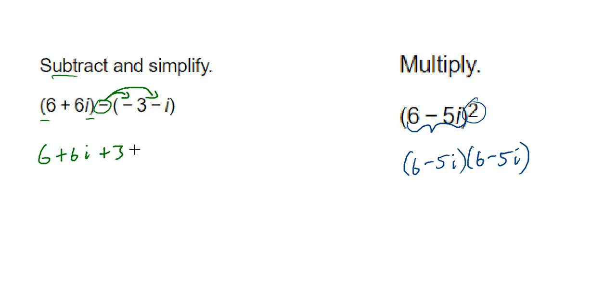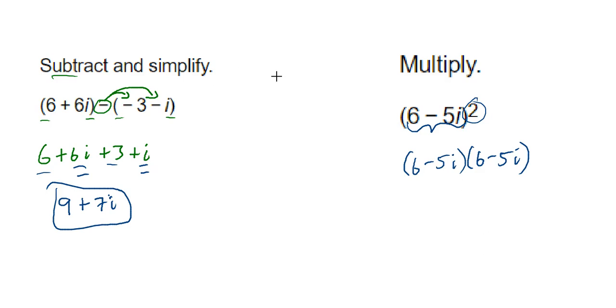Minus negative I becomes positive I. So before I can drop the second set of parentheses, that minus sign has to be distributed to each of those terms. Once we've done that, we've dropped the parentheses, we just combine like terms. 6 plus 3 is going to give me 9 for the real part, and then 6i plus I is going to give me 7i for the imaginary part, and that'll be my answer there.